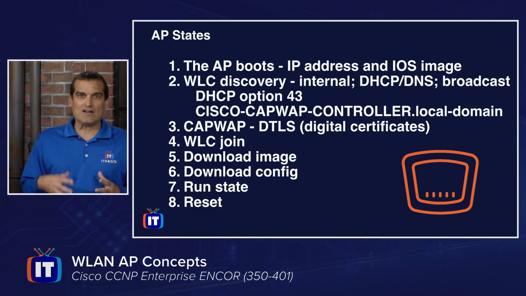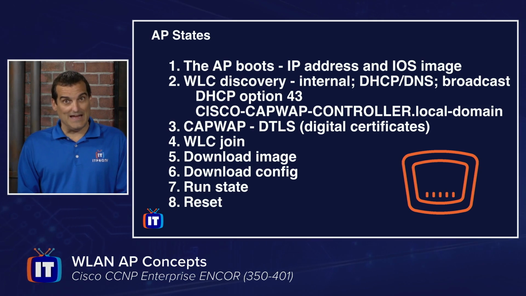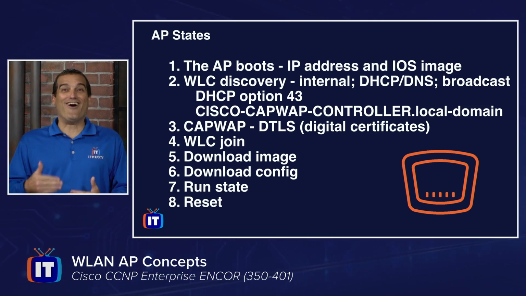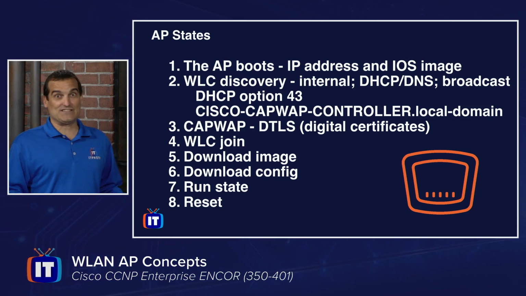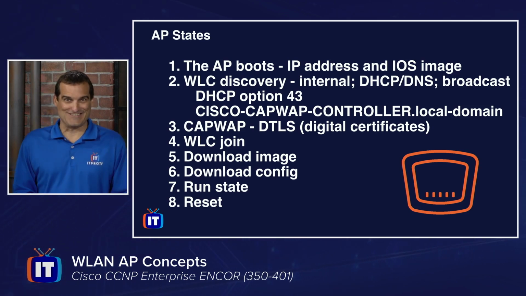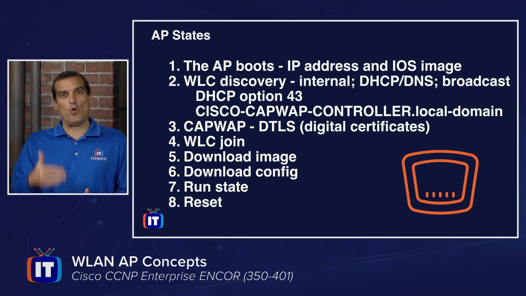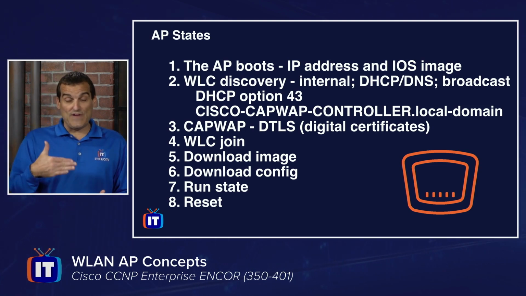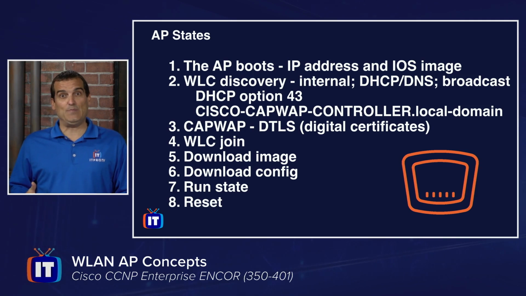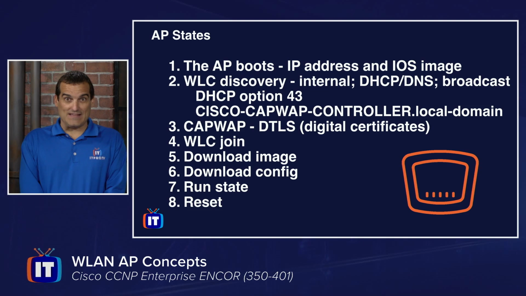So let's talk about a day in the life of an AP. There are states, and this kind of reminds us of the BGP neighbor states, right? Very similar thing. We're going to walk through the various states that that AP can be in. Note, we are focusing on, of course, the lightweight mode of operation. So the AP boots up and it needs an IP address.